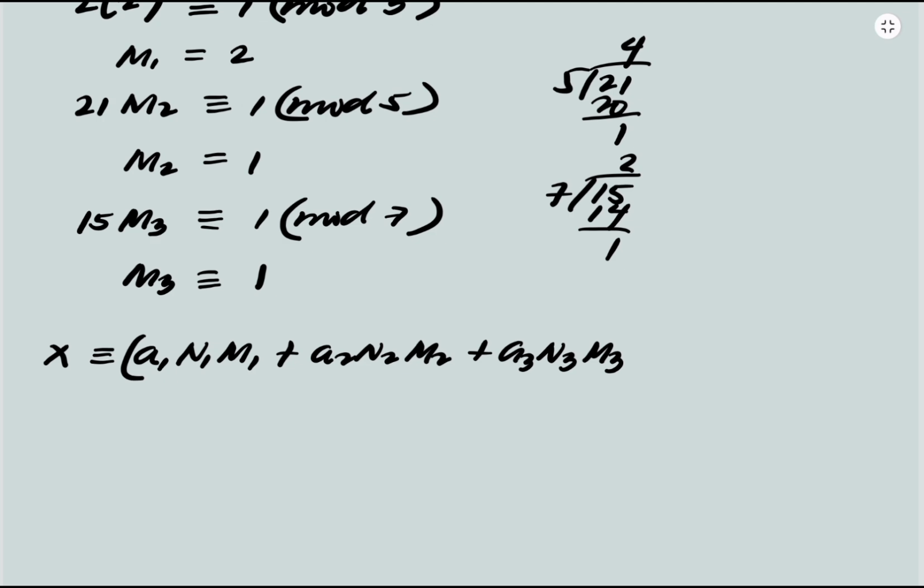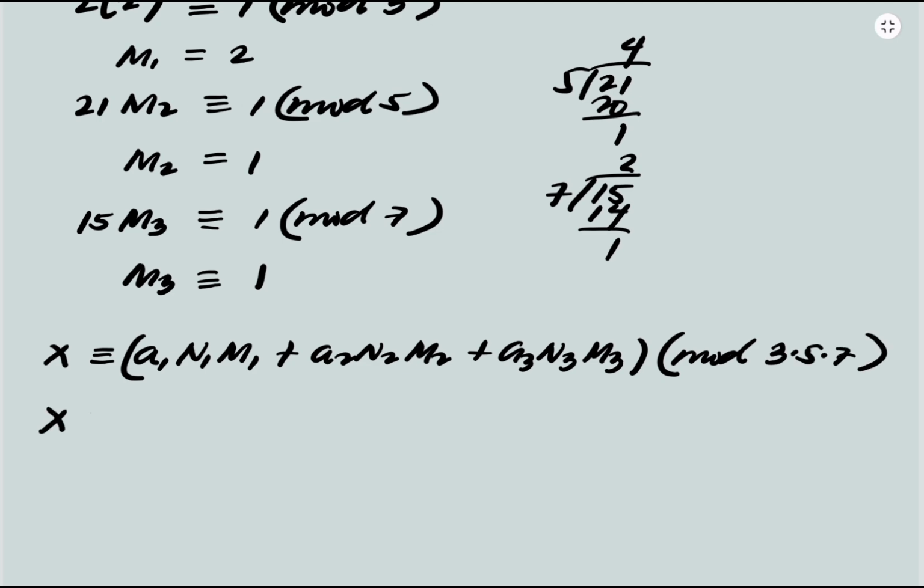Since we have three congruences, we stop at a sub 3 times n sub 3 times m sub 3, modulo the product. The product is 105, right? Which is 3 times 5 times 7.